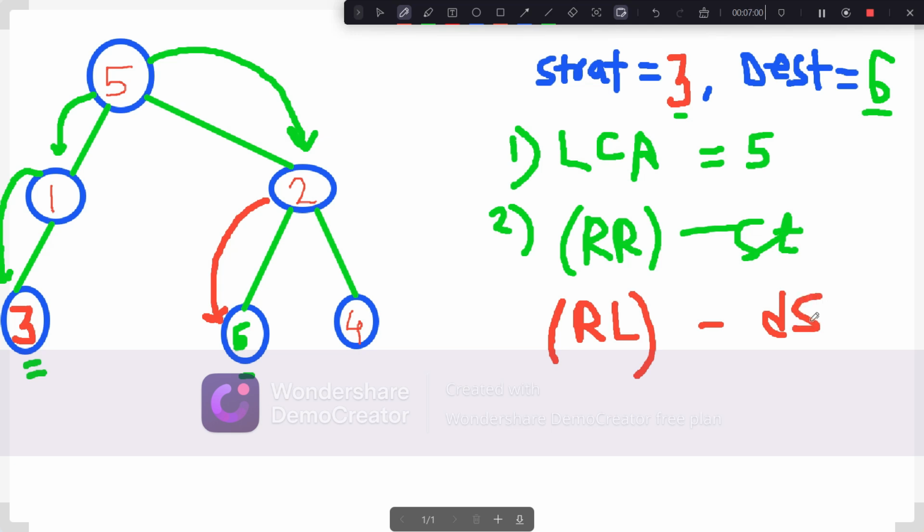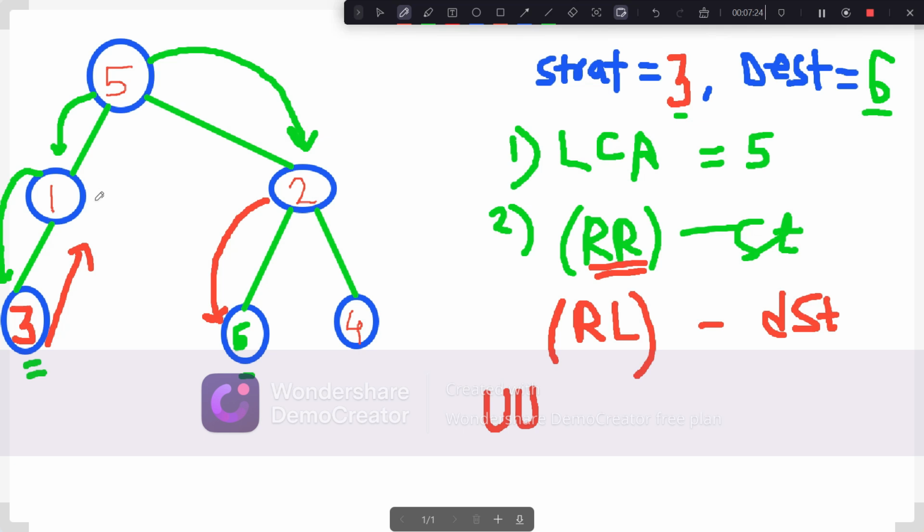Now what I told you in step 3 is, whatever the length of the path which we got from the LCA to the start point, we have to get the length of it. So length is 2, that means 2 times we have to put the U directly, for the simple reason that from here we can go only in the up direction, right?